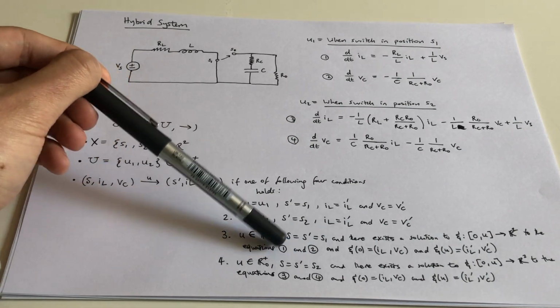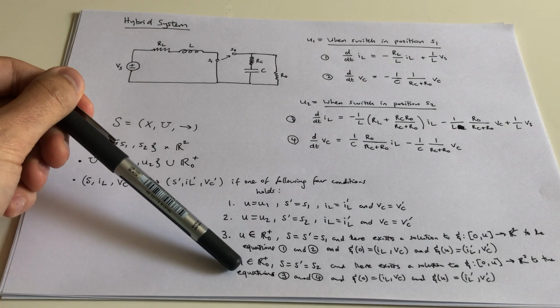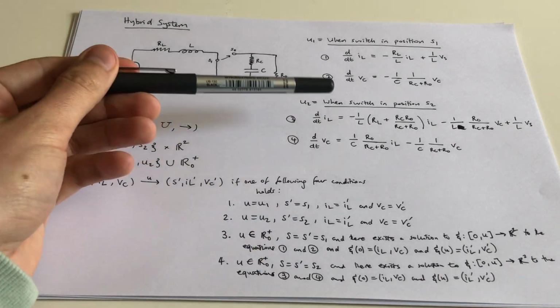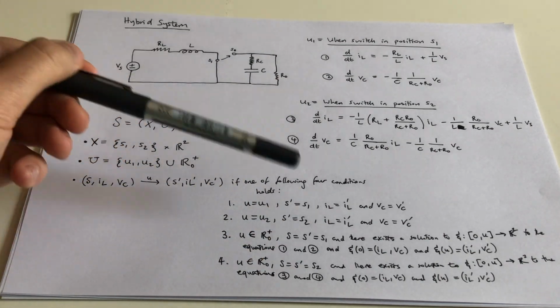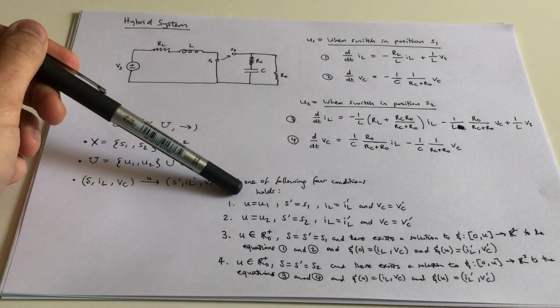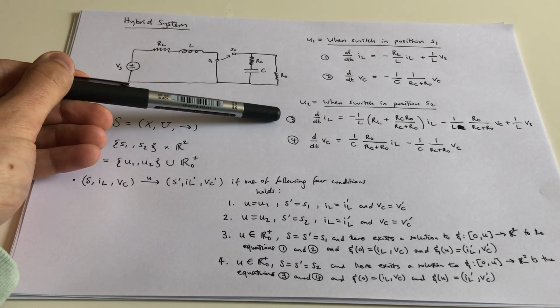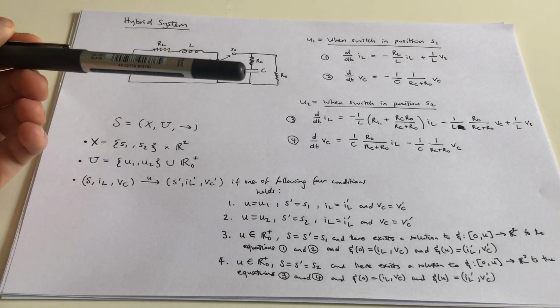So when we're in S1, then we solve these 2 equations. And then similarly again, when we evolve the system in time, but S is in S2, then once again we should find a solution to this transition, but this time solving which abides by the equations 3 and 4.